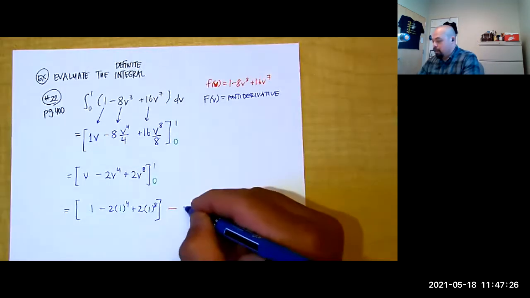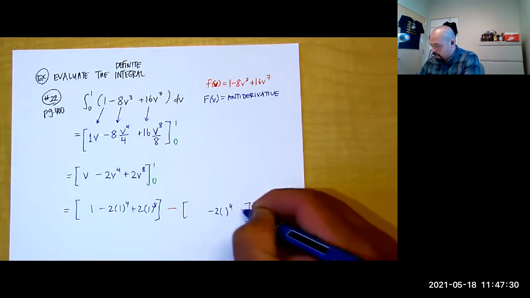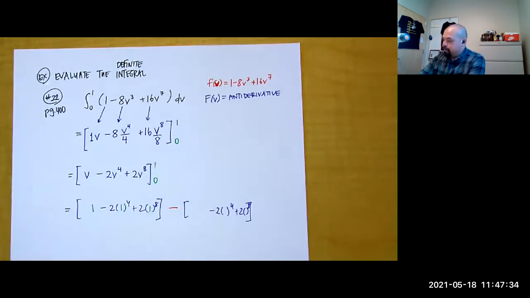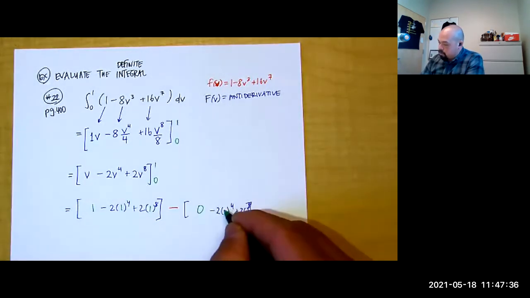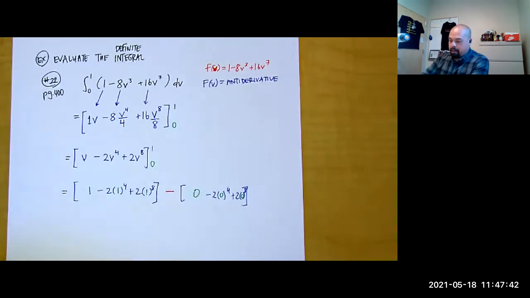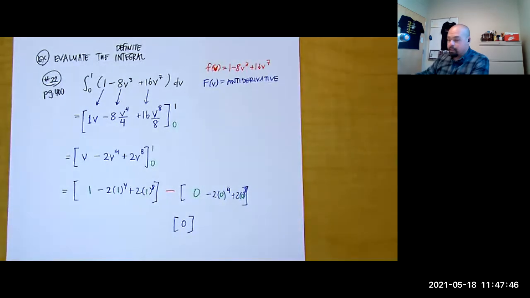And now for my lower limit of integration, and again, bringing in my placeholders. 0 minus 2 times 0 to the 4th plus 2 times 0 to the 8th. All right, well, this side over here, that's just 0, of course. That's going to go away.